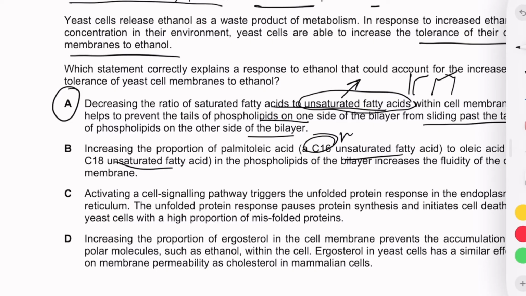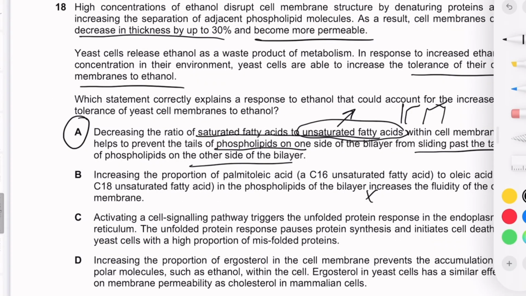We don't want it to be more fluid because if it's more fluid then it's going to be more permeable, and that's going to make it even worse because ethanol is already increasing the permeability. Besides, you're increasing the proportion of unsaturated to unsaturated, which doesn't make sense because we're not trying to increase the unsaturated to unsaturated. You're supposed to increase the unsaturated to saturated because then, just like in A, you're going to help them not pack so close to each other, increasing the thickness and basically also not affecting the fluidity in that way.